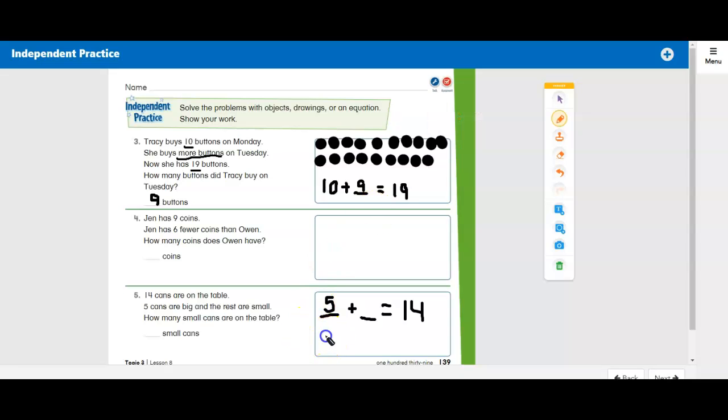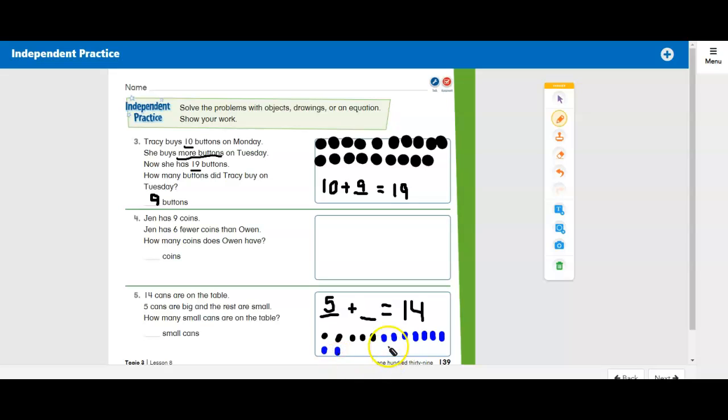You can draw 1, 2, 3, 4, 5, and count on until you get to 14. So we have 5, 6, 7, 8, 9, 10, 11, 12, 13, 14.